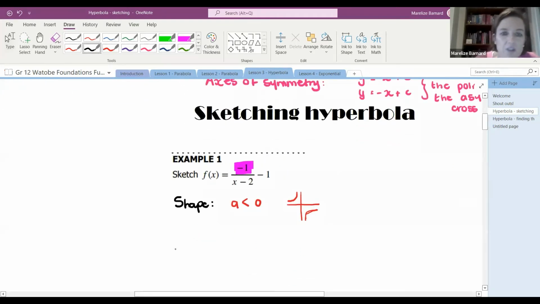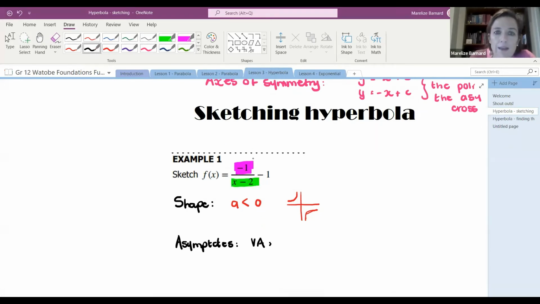Right, so the next thing is our asymptotes. Not shape again, we've done shape already. We need a vertical asymptote and a horizontal asymptote. For the vertical asymptote, we look at the x minus 2, and our asymptote there is going to be x equal to 2. Important: you must put the equation down.